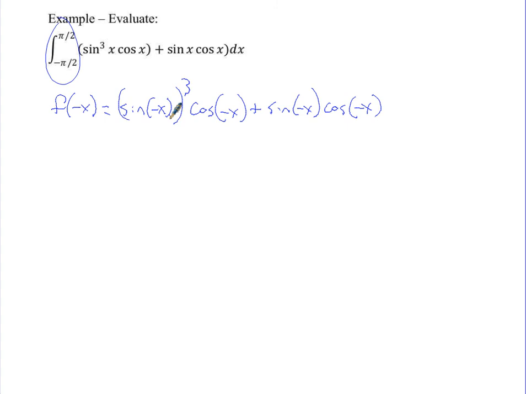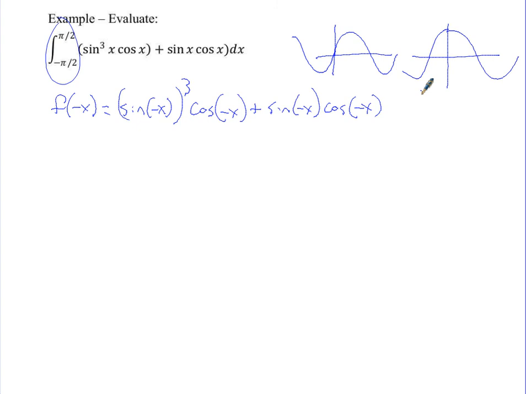Oh boy. Let's look at this a slightly different way. The graph of sine looks like this, which means it looks like this. Is sine even or odd? The graph of cosine looks like this, which means it looks like this. Is cosine even or odd?